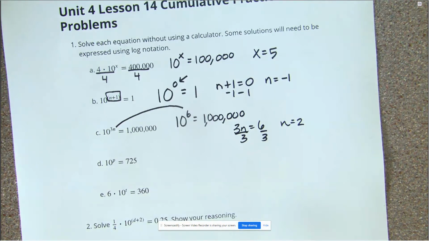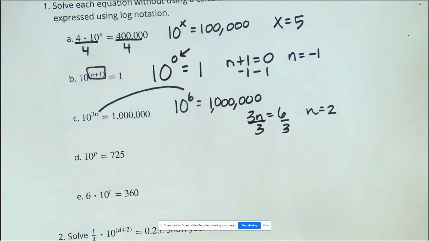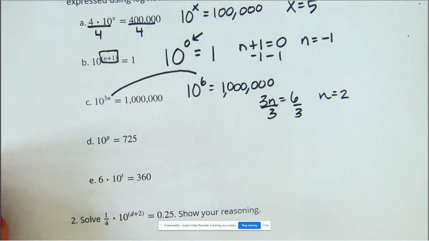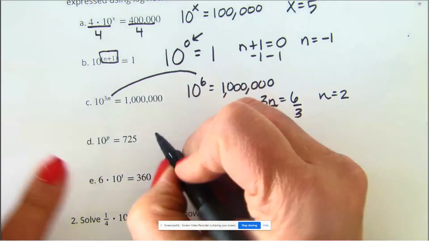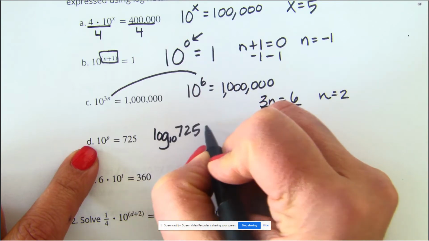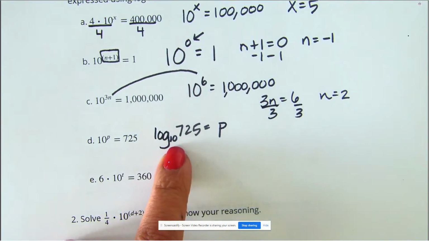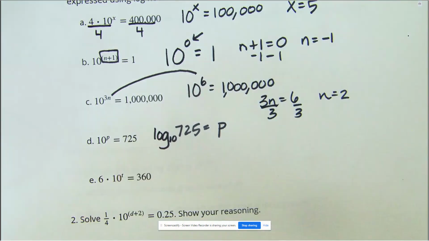All right, now letter D, we finally are getting to one. 10 to what power makes 725? That's not an integer, okay? So this is one where I'd want to write it as a log. So this would be log base 10 of 725 is the power I'm looking for. That is the answer. I could get that on my calculator or in a table if I wanted. Let's practice typing that in.